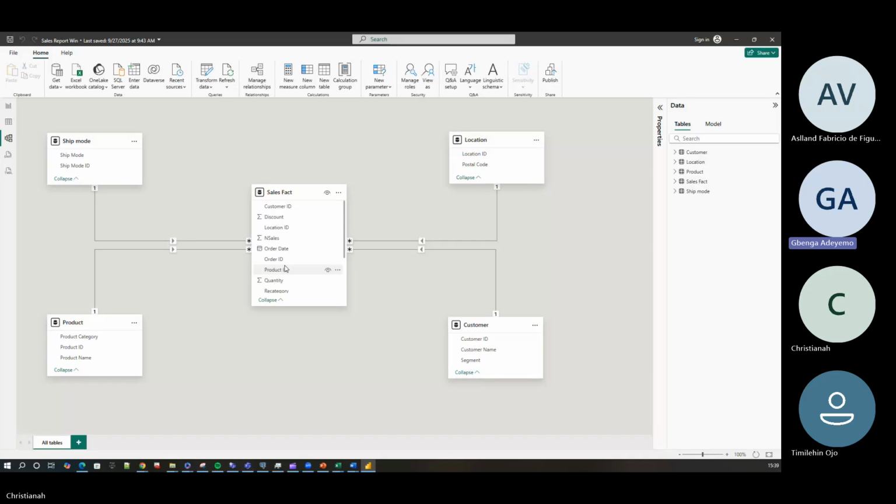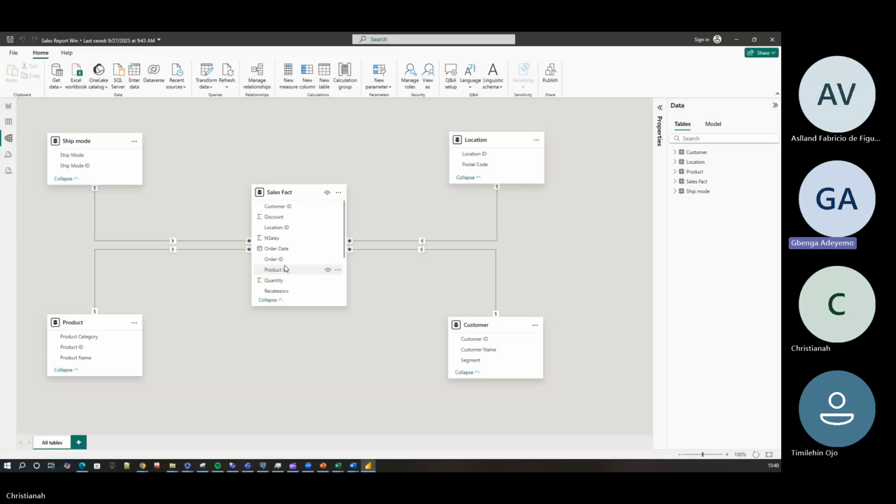But the thing here is that Power BI is optimized for a star schema. Do you understand what I'm saying? Power BI is optimized for star schema. It means that Power BI works better with star schema than snowflake schema.